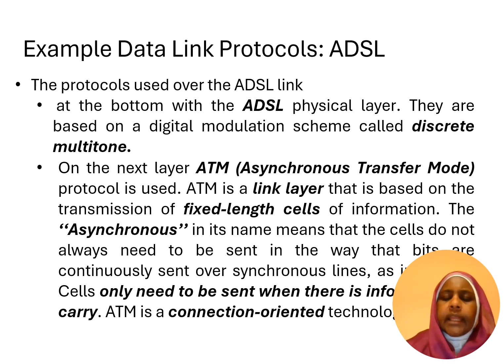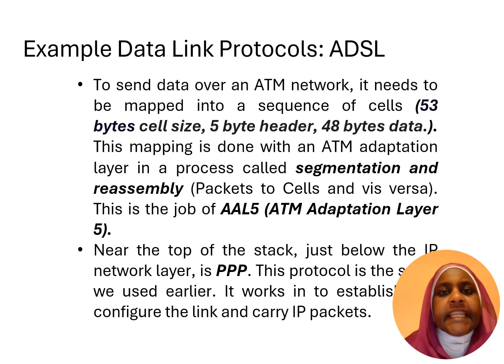ATM is a connection-oriented technique. For data to be sent over ATM networks, there should be a mapping between the frames and the cells. The cells are 53 byte cells, 5 bytes for a header, 48 bytes for data.